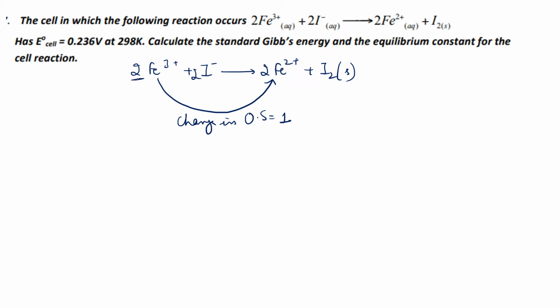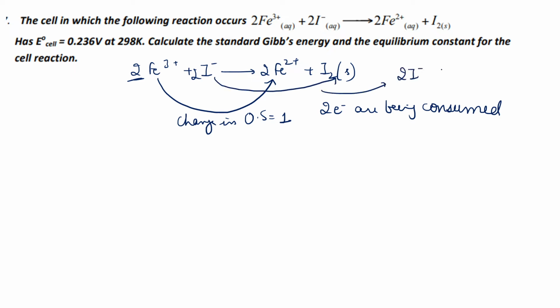But 2 is the stoichiometry over here, so 2 electrons are being consumed. Similarly, 2 I minus ions are releasing 2 electrons to form I2 solid. So we can say that N for the reaction is 2.